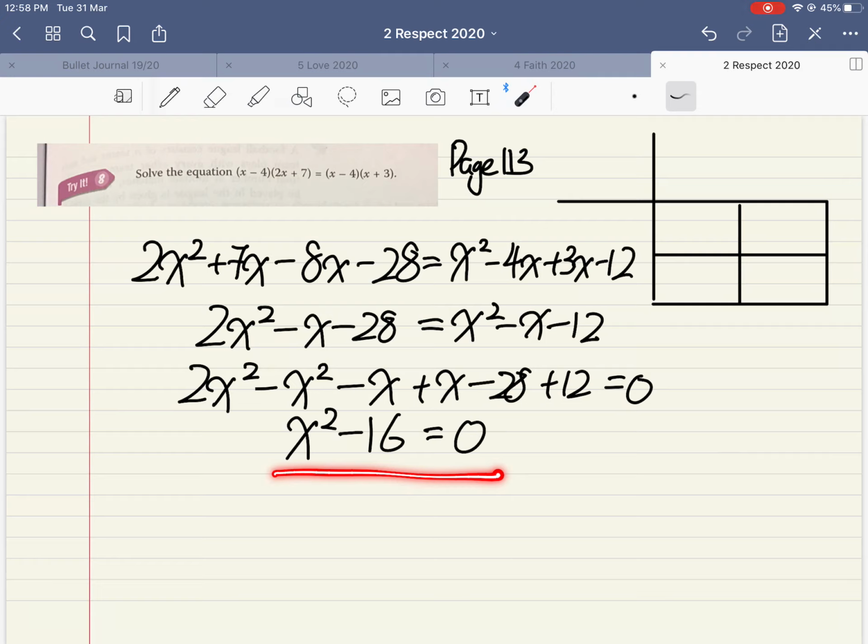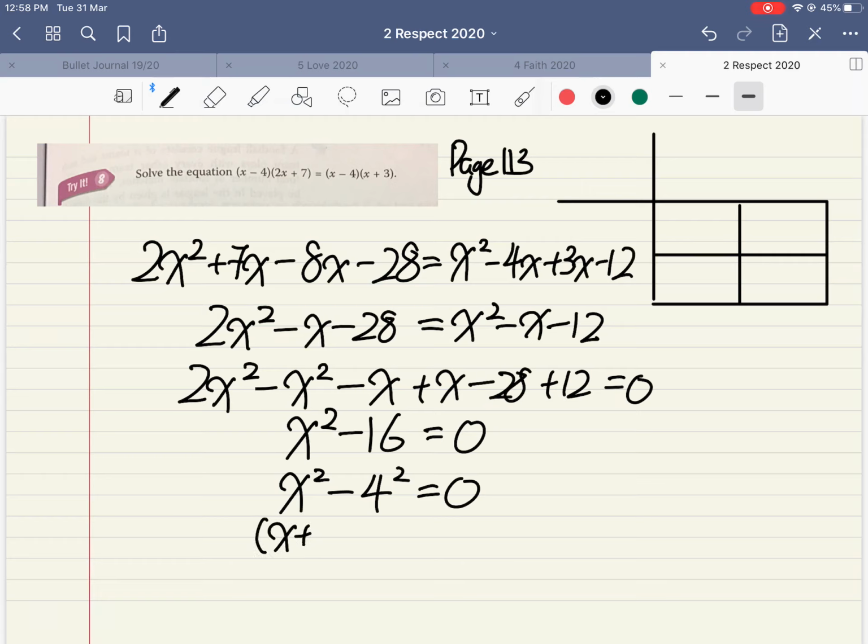If you notice, x squared minus 16 can be rewritten as x squared minus 4 squared. Which algebraic identity should we use to factorize this? If you're thinking a squared minus b squared equals (a plus b)(a minus b), then your thinking is correct. So if I start my factorization, I'll have (x plus 4)(x minus 4) equals 0.